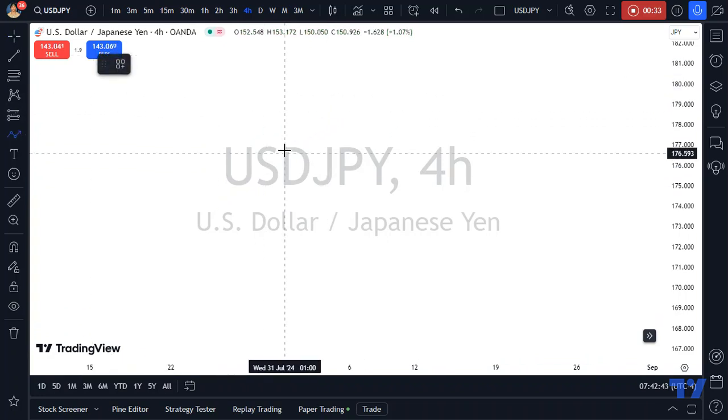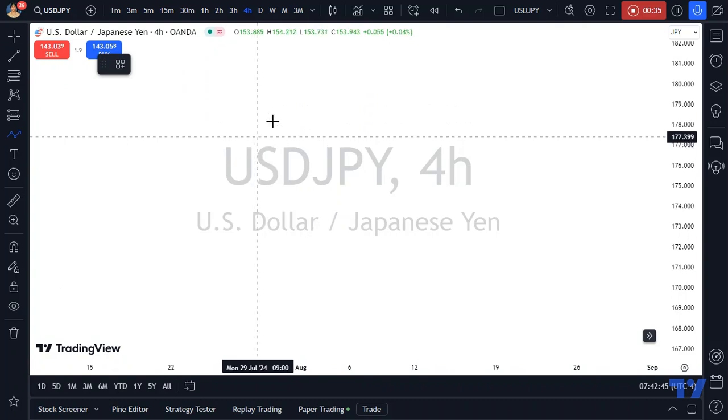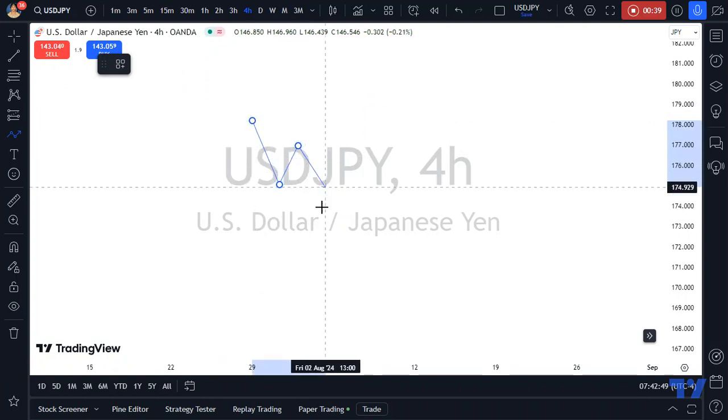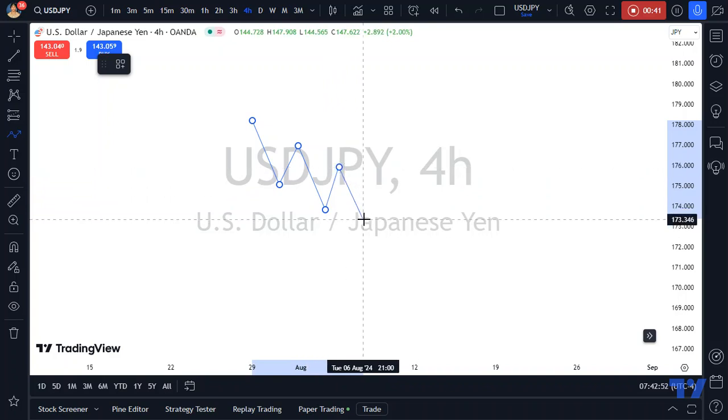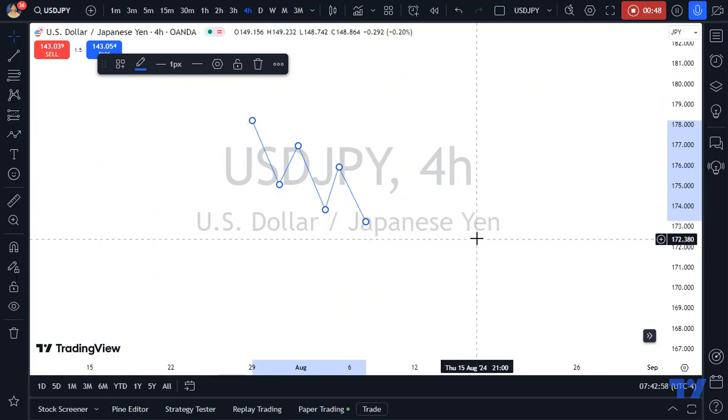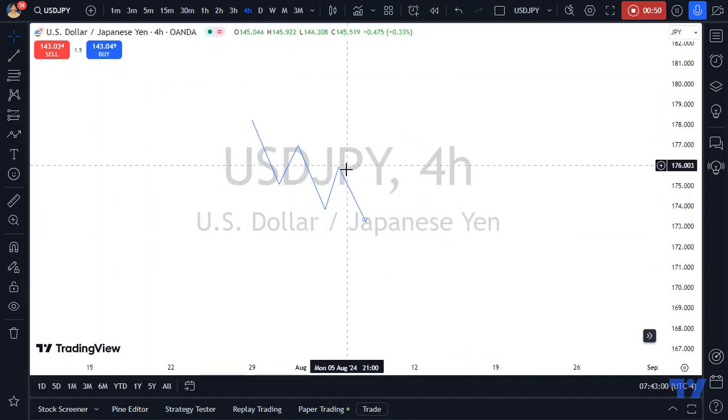So we always have to have a high time frame bias. In this example, these blue lines will be my high time frame points of interest. You want to have a high time frame bias, and you also want to be trading in the direction of the high time frame. So we are bearish on this high time frame.